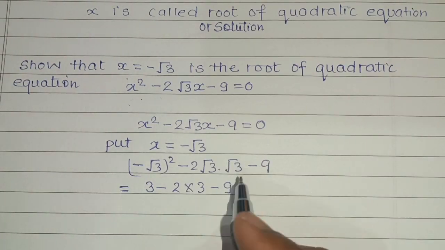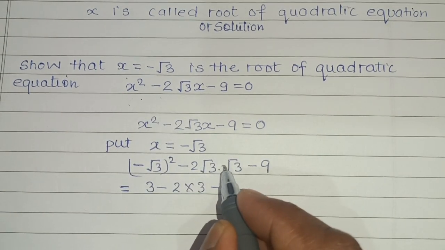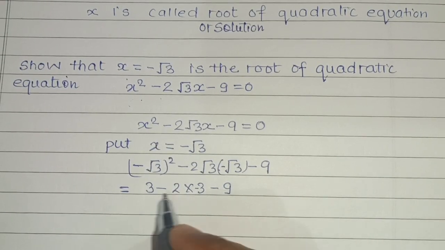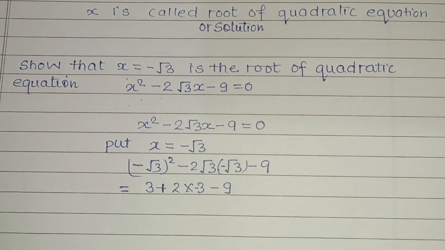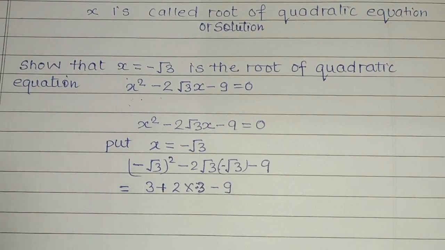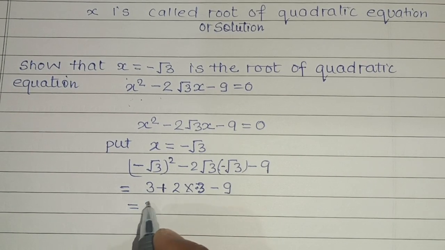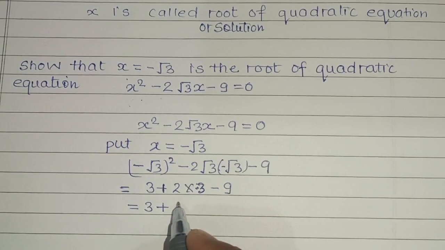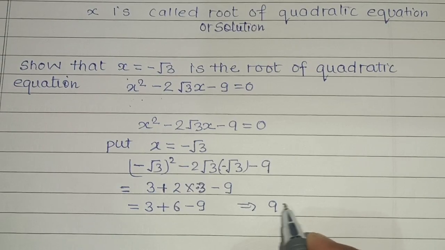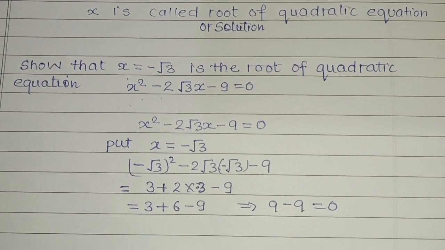So that is 3 minus 2 into 3, 6, minus 9, so that is 9 minus 9, so that is 0.